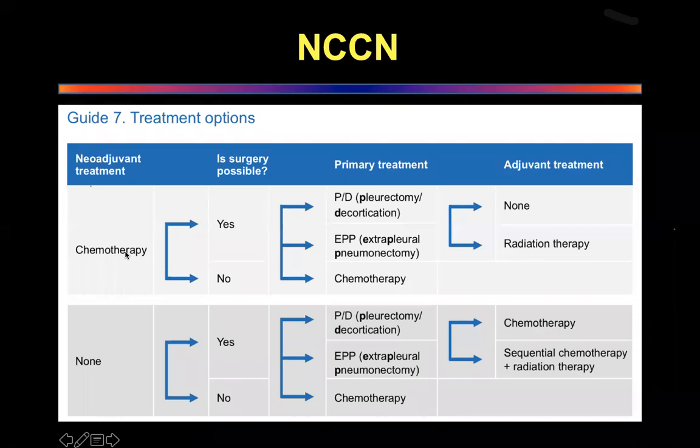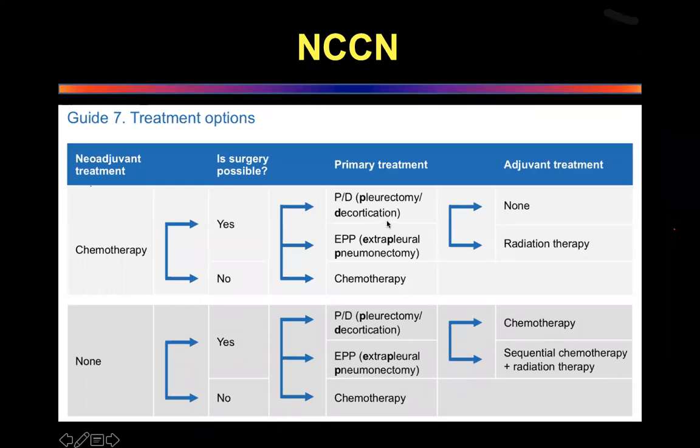Once they have had neoadjuvant chemotherapy, you reassess and then look at this option. You have two options for surgery. One is either a pleurectomy and decortication, or you have an option for extrapleural pneumonectomy. Just the top two. So if surgery is possible, chemotherapy is received and then reevaluation, and then the patient goes for PD or EPP.